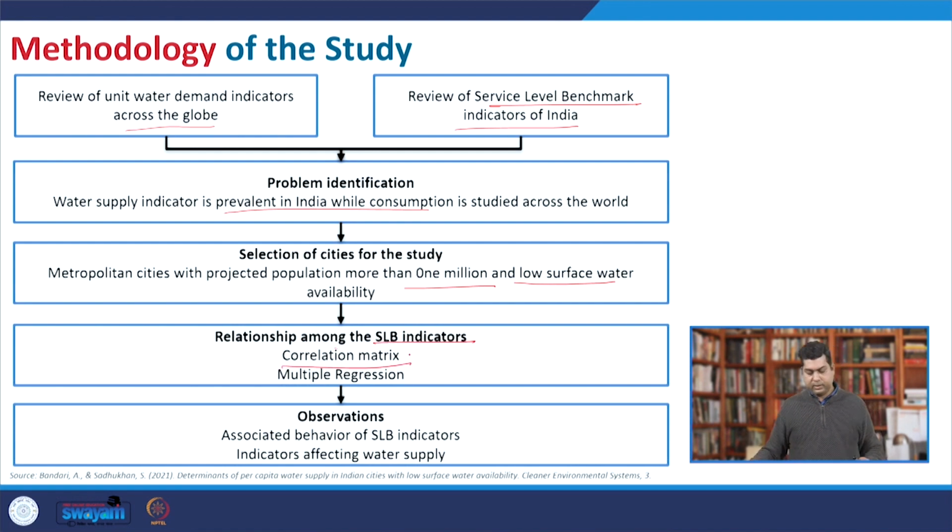We conducted correlation analysis and then multiple regression analysis, taking PCS as the dependent variable and other indicators which showcase a strong correlation with PCS. We developed a linear regression. Finally, we observed the associated behavior of SLB indicators and the indicators affecting the overall water supply. From the correlation matrix we can see how they influence each other, and how they impact the per capita supply of water.